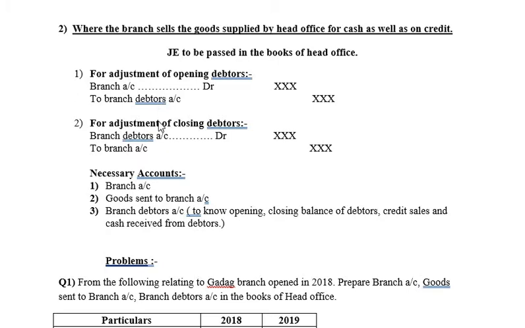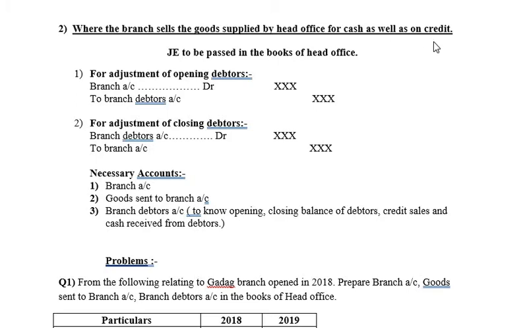So these will be the additional journal entries which you need to pass in the books of head office, just because you don't know the opening as well as the closing amount of debtors. If it is cash, then you will pass the regular entries I told you in the previous class, because whatever cash sales you have done, all that amount has to be sent to the head office on regular basis.